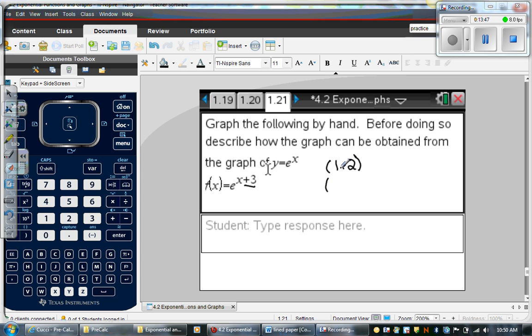So this point would become 1 plus 3, which is (4, 2). So what's actually happening to my graph is I've gone from (1, 2) to (4, 2). Okay, so it looks like I'm going to move to the right 3 units. So let's see if that's correct.